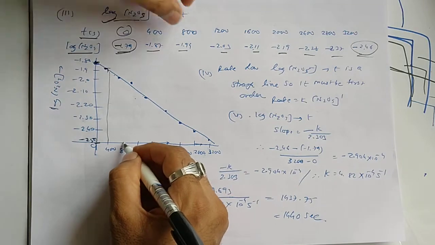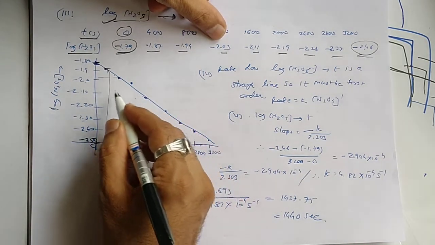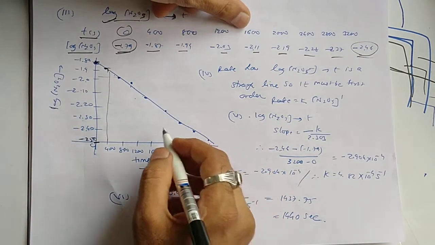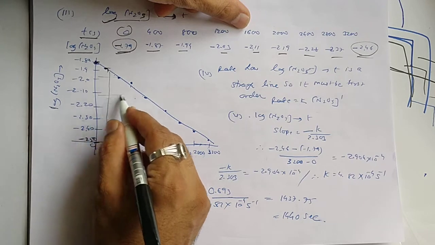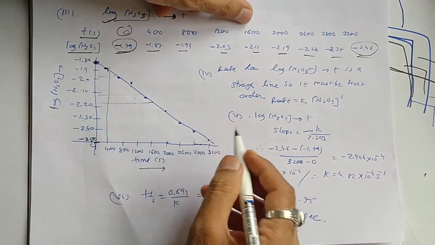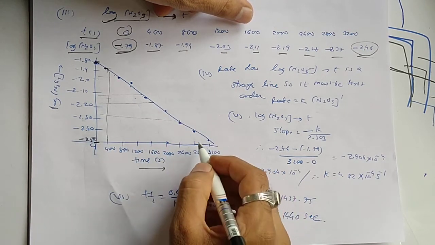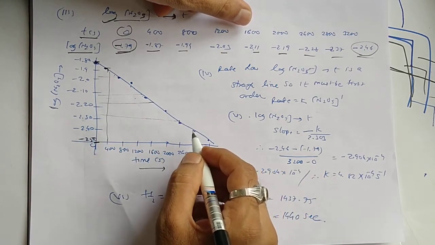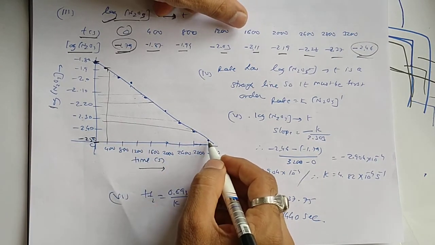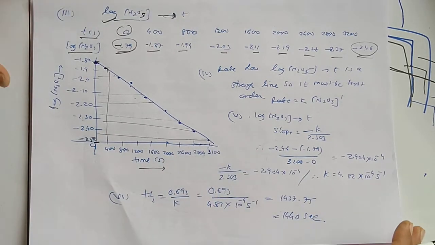Now at 800 minus 1.94, at 1200 minus 2.03, at 1600 minus 2.11, at 2000 minus 2.19, at 2400 minus 2.28, at 2800 minus 2.37, at 3200 minus 2.46. Yes, sir.